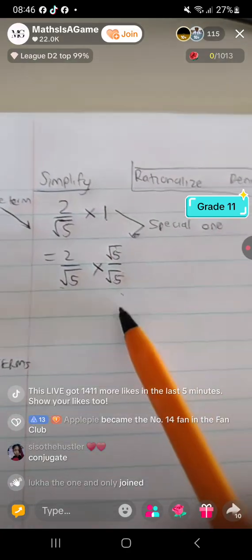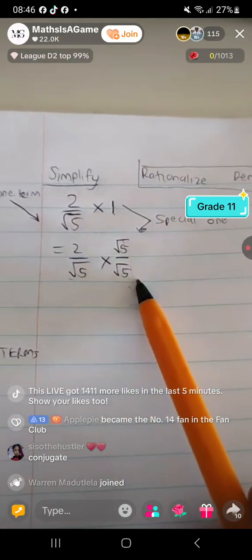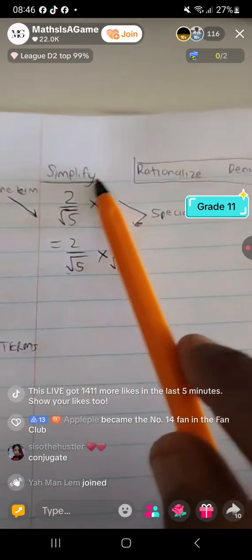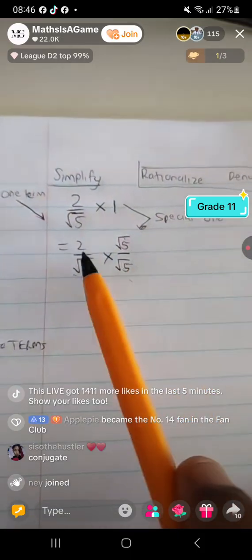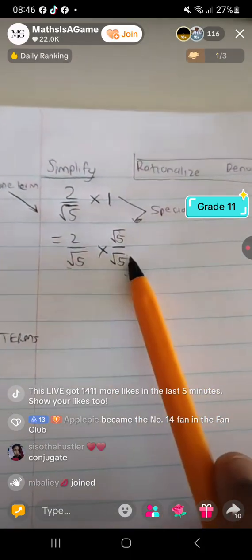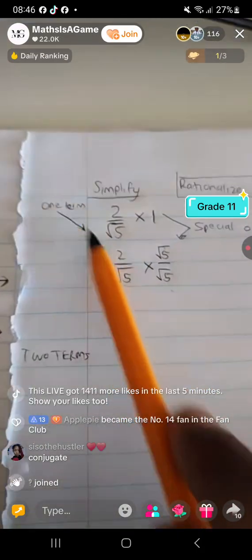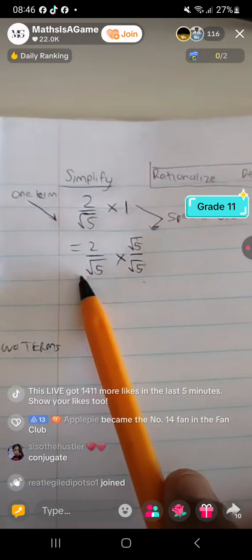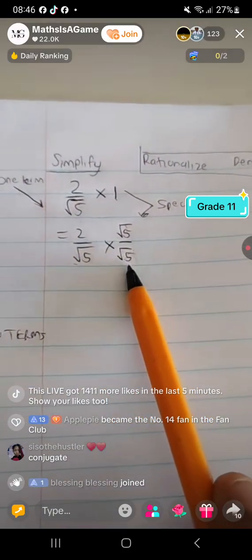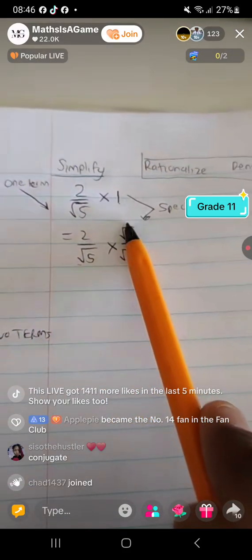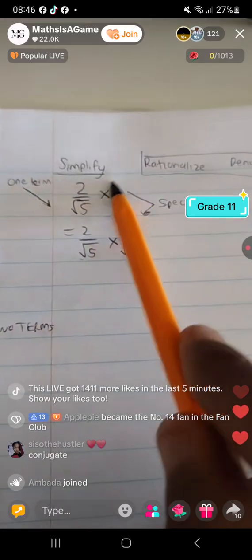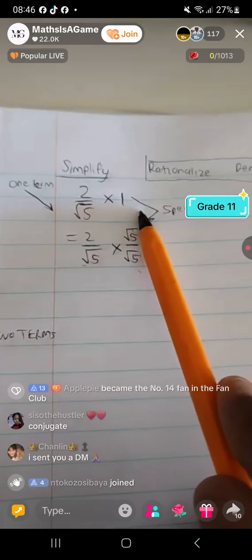This is just the special one formed by multiplying by the same one term that is in the denominator, which is root 5. What I do at the bottom, I do at the top. Then root 5 over root 5 is actually equal to 1.